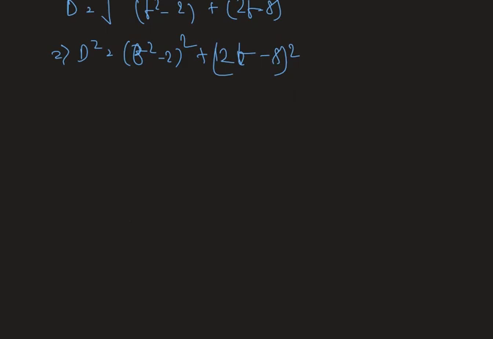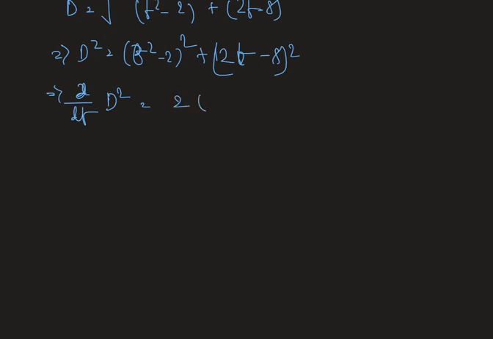Okay, now we have to find the minimum value of d. Therefore we have to find the first order derivative of d square and then equate it to 0 to find the minimum value of d.